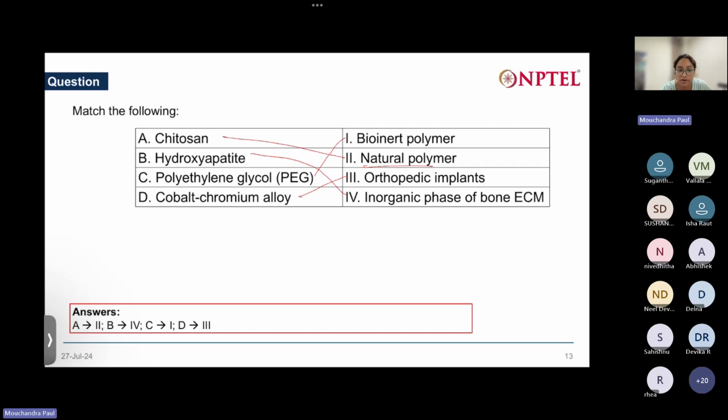Nitinol. Yes, that's correct. What is it made up of? It's a commercial name, by the way. Nickel and titanium. Yes, that's correct. Any other example?